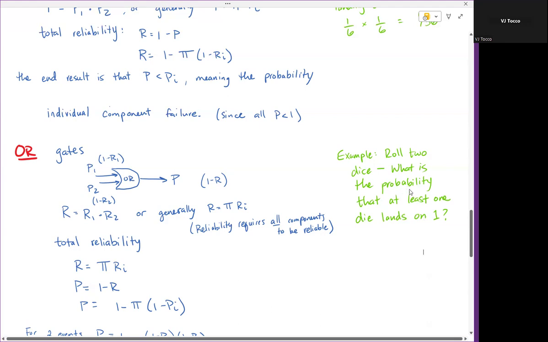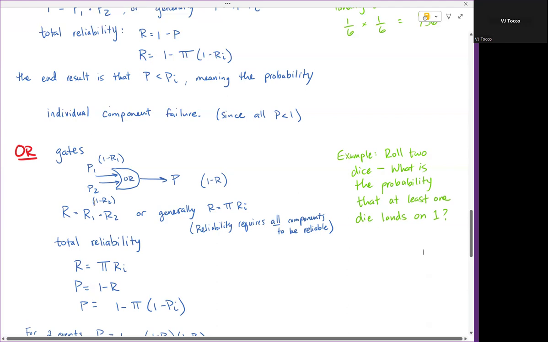That would be 5 over 6 times 5 over 6. And then you would take the complement of that, so 1 minus 5 over 6 times 5 over 6. And that would be the correct answer to this riddle.